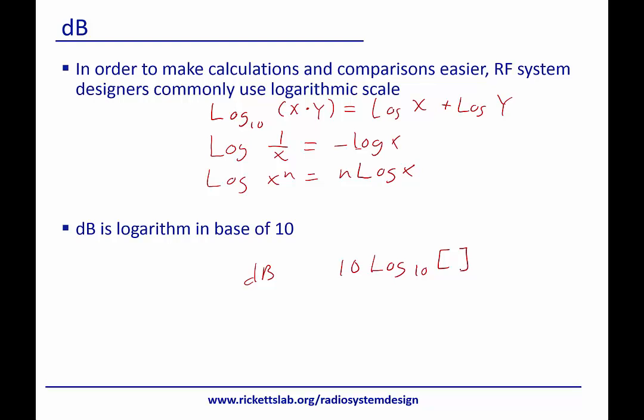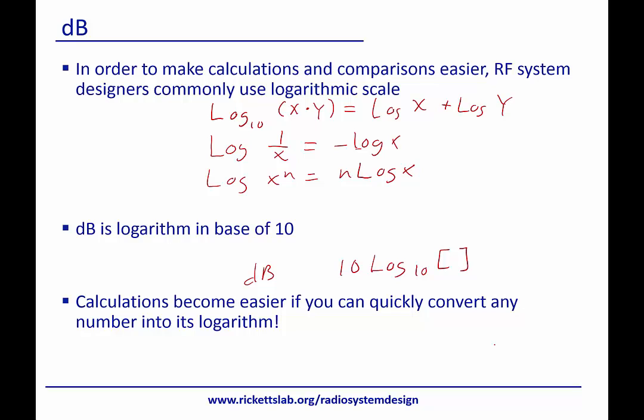Now, we use 10 because in RF systems we're primarily dealing with power. In signals and systems you probably did a lot of work with 20 dB and 20 log, and that happens because those are voltages and currents rather than power. And the reason we're using the logarithms is because it's an easy way to do calculations.